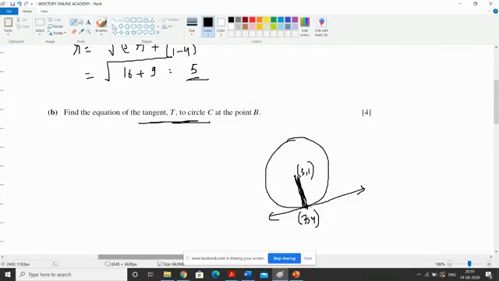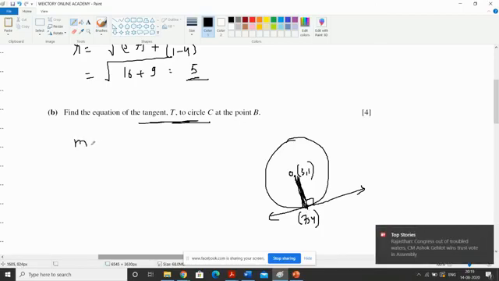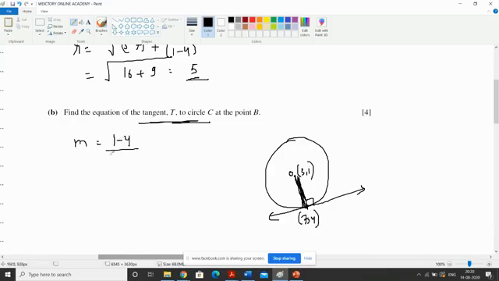We know that the radius and the tangent are perpendicular to each other. So with (3, 1) and (7, 4), you can find the gradient of this line, and then using that we can find the gradient of the tangent. Let's find the gradient of the radius: 1 minus 4 over 3 minus 7.